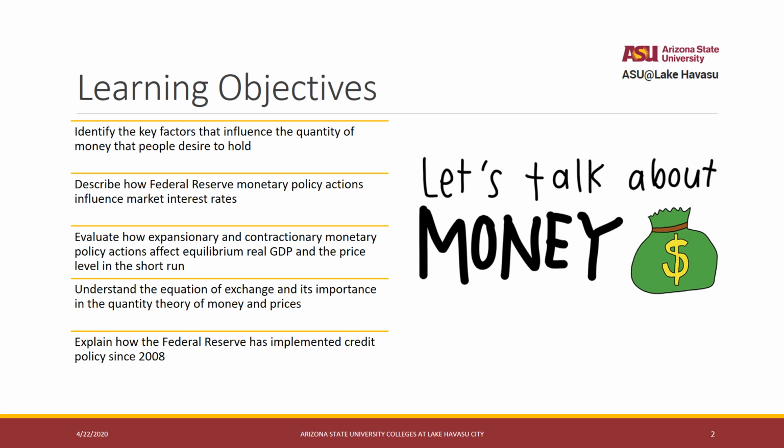In this chapter, we have several learning objectives. To identify the key factors that influence the quantity of money that the people desire to hold, to describe how the Federal Reserve's monetary policy actions influence the market interest rates, to evaluate how the expansionary and contractionary monetary policy actions affect the equilibrium real GDP and the price level in the short run, to understand the equation of exchange and its importance in the quantity theory of money and prices.